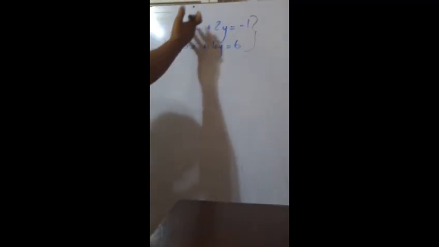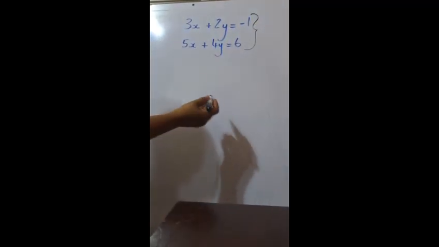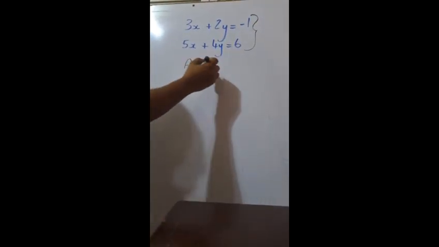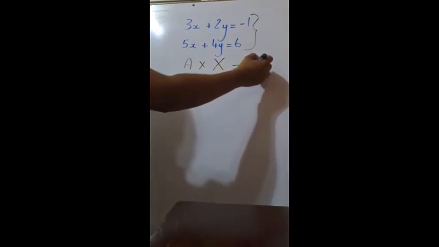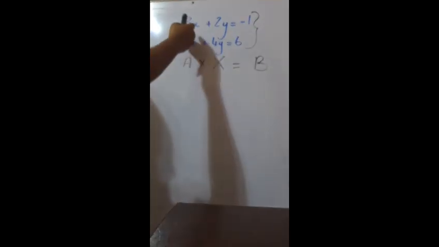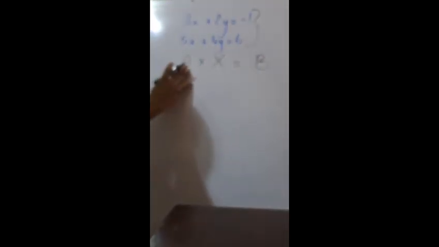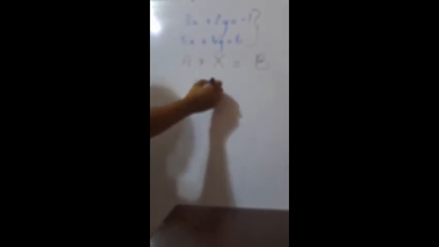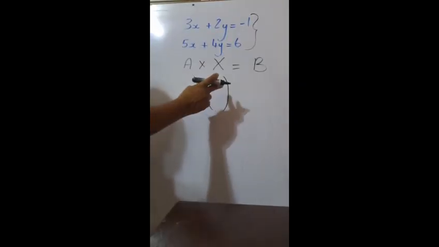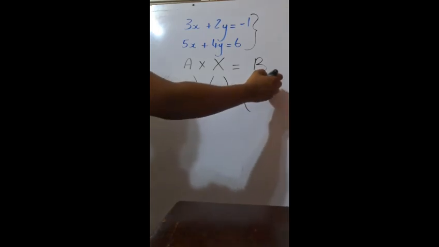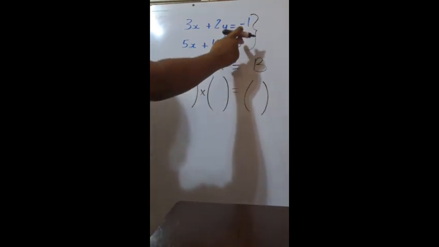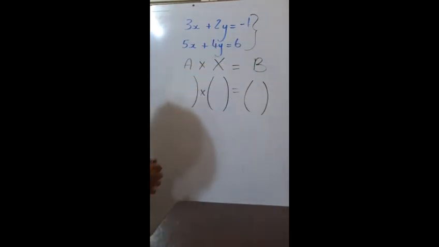Solving a pair of simultaneous equations using matrices means I need to create three matrices: matrix A, matrix X, and matrix B. Since it's an equation, my first matrix will be my coefficient matrix, my second matrix will be my variable matrix, and my solution matrix B is actually the solutions of the two simultaneous equations here.